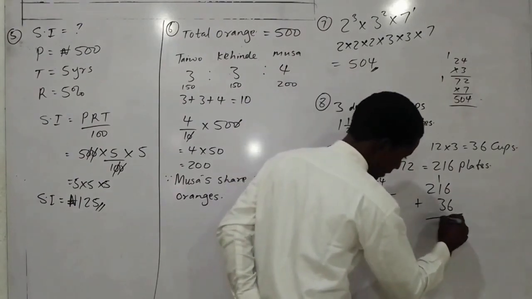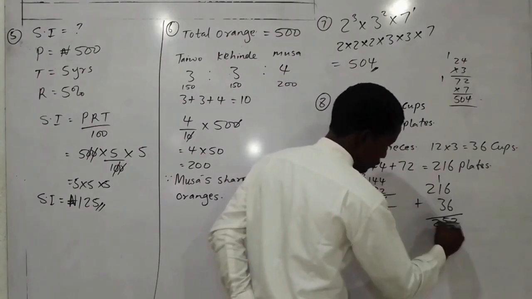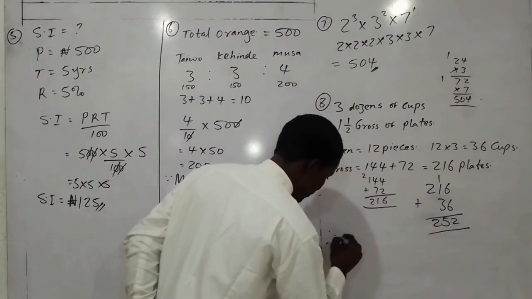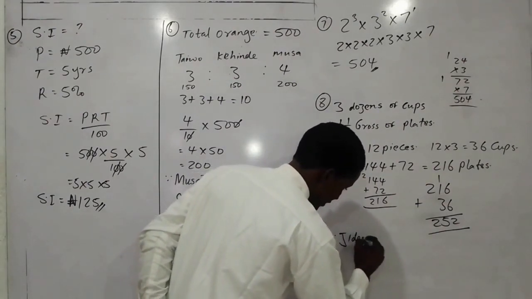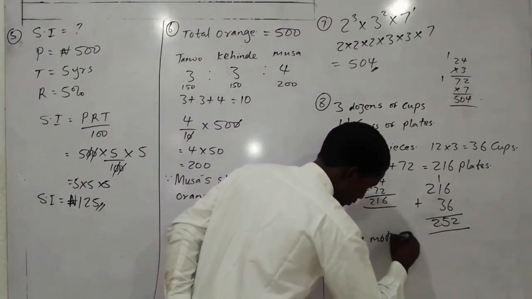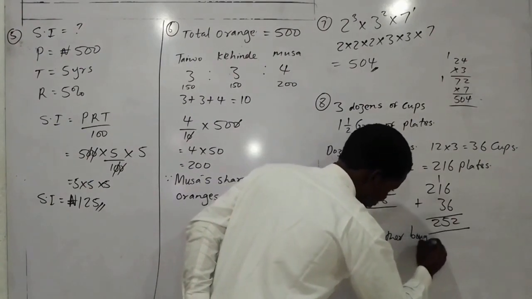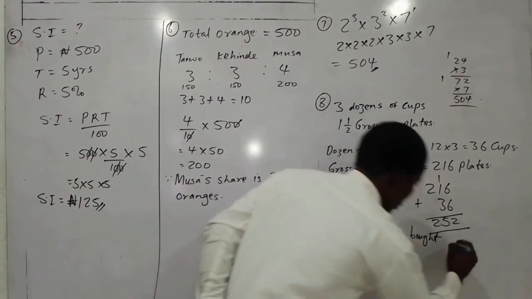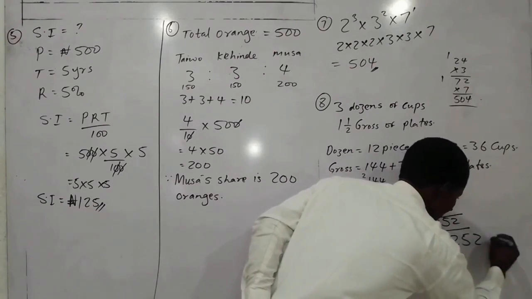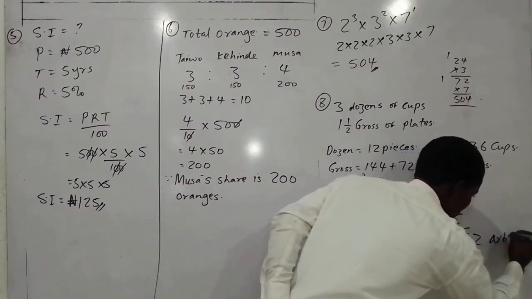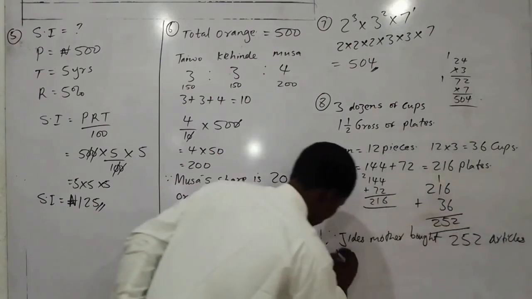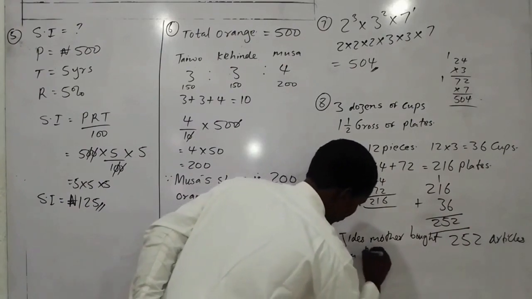Plus 3, that's 5. And 2. So I say, therefore, Jide's mother bought 252 articles from the market.